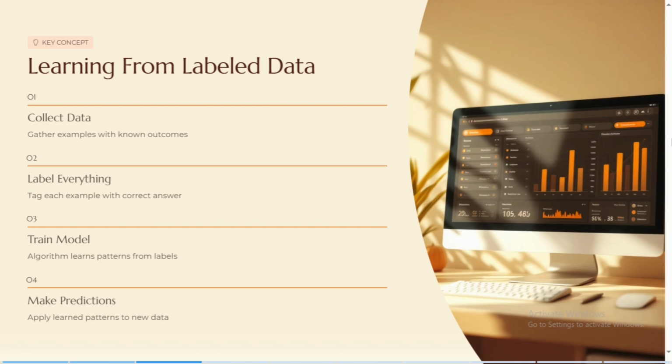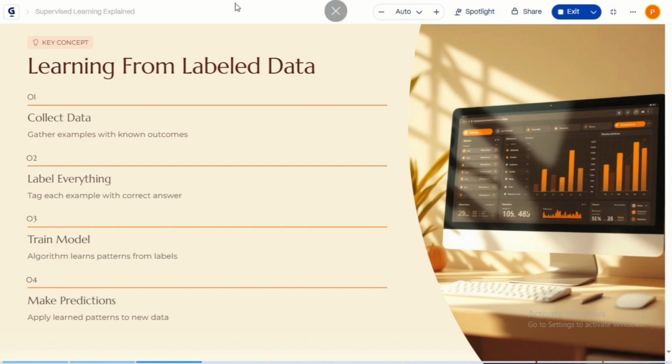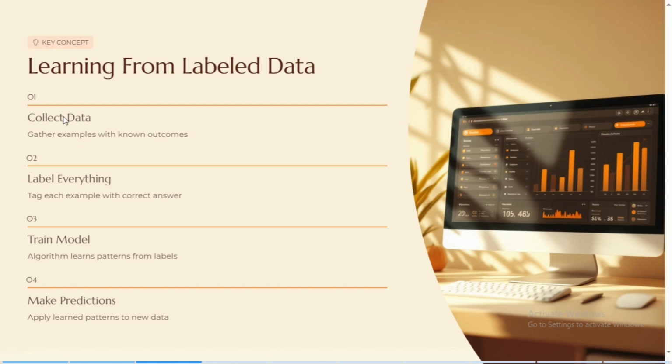Learning from labeled data. The heart of supervised learning is labeled data. Let's understand this step by step. Collect data. First, we collect examples with known outcomes. Second step, label everything. Each example is tagged with the correct answer.